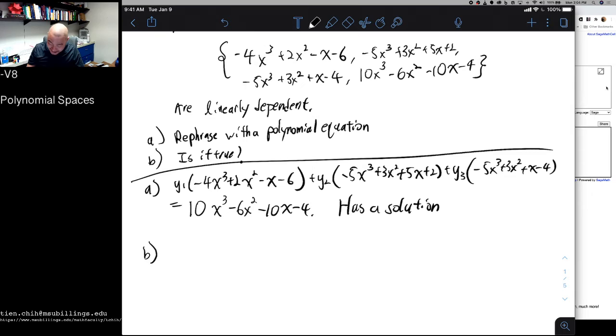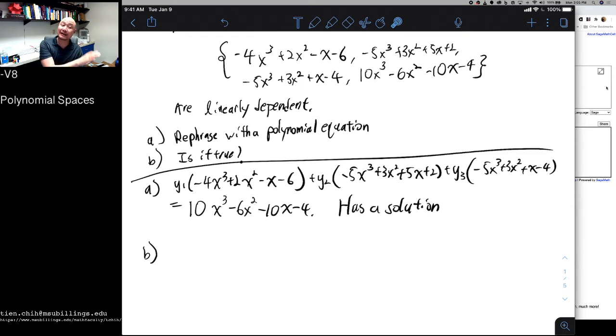And the way we see that is, look, if I expand out everything on the left-hand side, right? What happens to my x cubes? We'll have a minus 4y1x cubed, a minus 5y2x cubed, a minus 5y3x cubed. And all of that should be equal to 10x cubed, right?